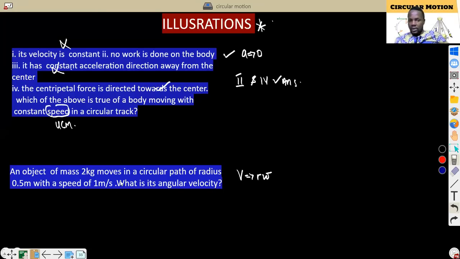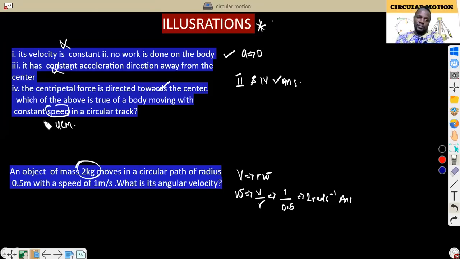So omega is equal to v divided by r. The speed is 1 meter moving along a radius of 4.5. The right answer will be 2 radian per second. So I hope you understand. These are basic. I told you these are not the questions that we are talking about.